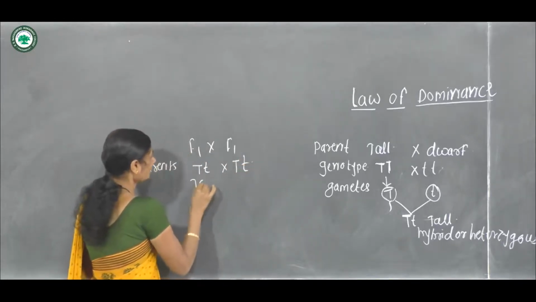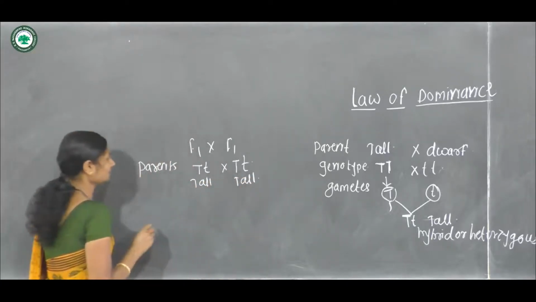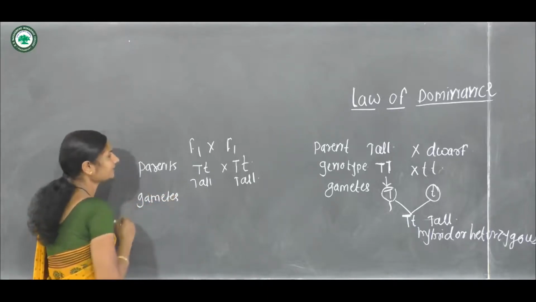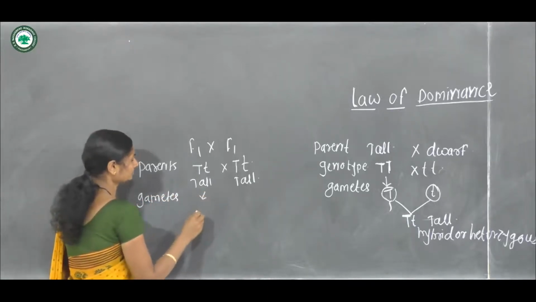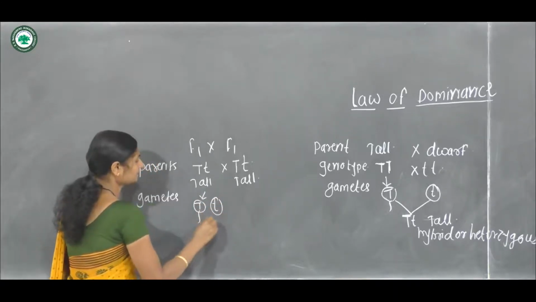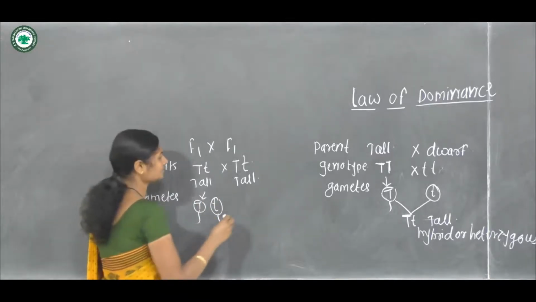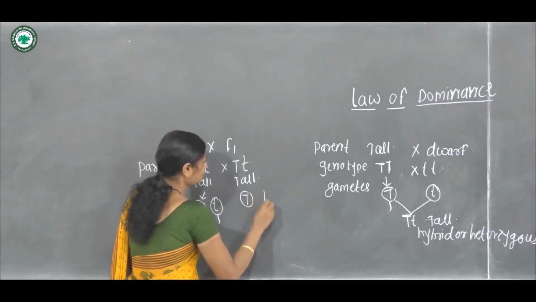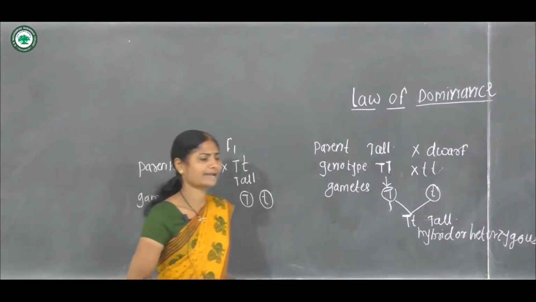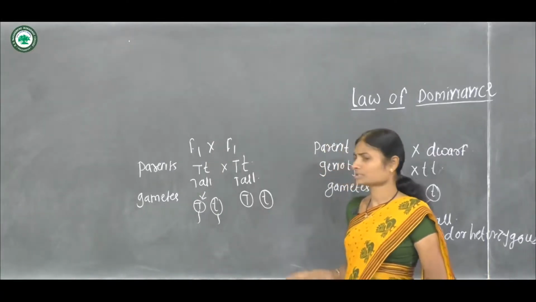All are tall plants, but in the heterozygous condition. Two types of gametes are obtained from gametogenesis, capital T and small t, from both the male and female parents.